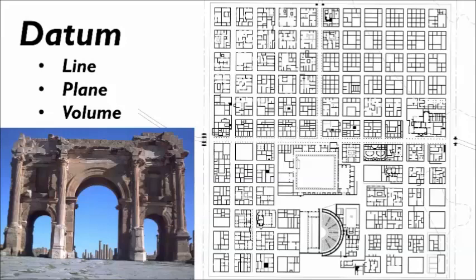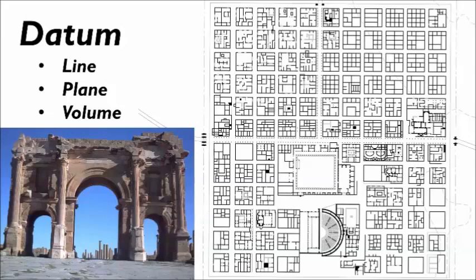It really is a unique example of an orthogonal plan on a grid, and that was not typical for that time. And in the next slide we'll look at what the current state of this city looks like.